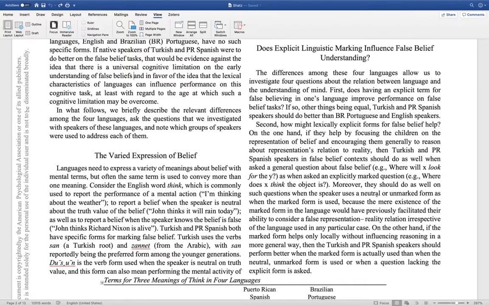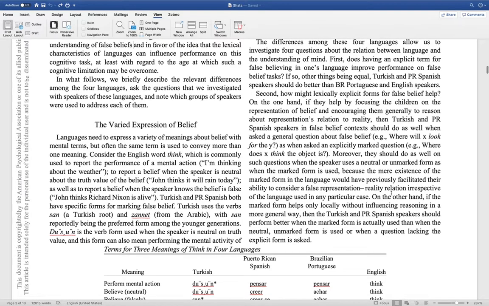So that's also weird, and it's because I'm reading it weird, whatever, but it says they will do as well in both conditions, right? These speakers will do as well if you ask them to think and look. Moreover, they should do as well on such questions when the speaker uses a neutral or unmarked form as when the marked form is used, because the mere existence of the marked form in the language would have previously facilitated their ability to consider a false representation, reality relation irrespective of the language used in any particular case.